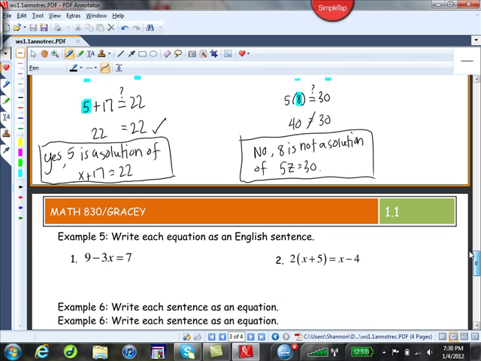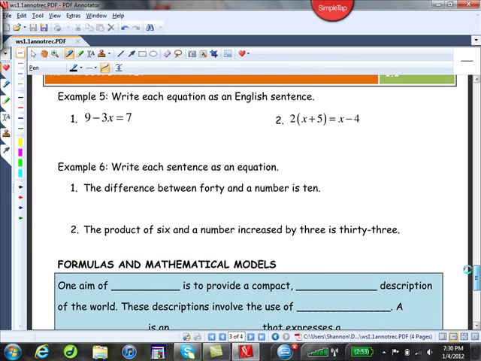All right, so example 5, they want us to write each equation now as an English sentence. So let's check out what we have going on. I'm thinking that we can use some of our words here. So here we have a 9, right?